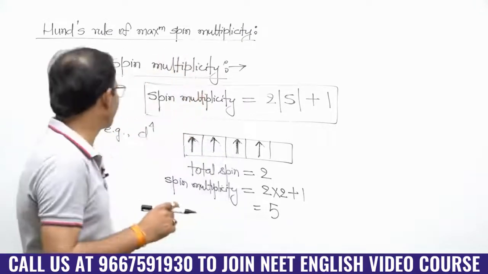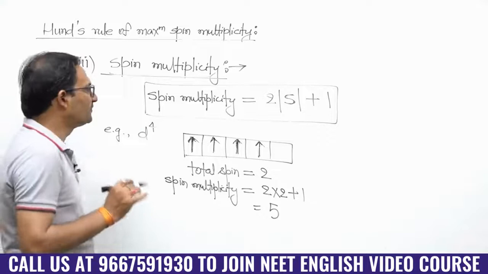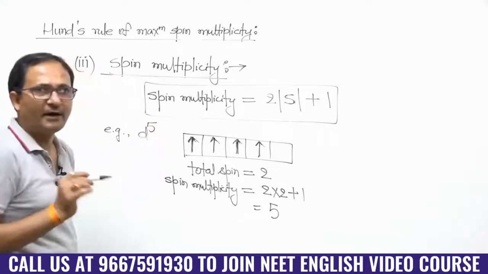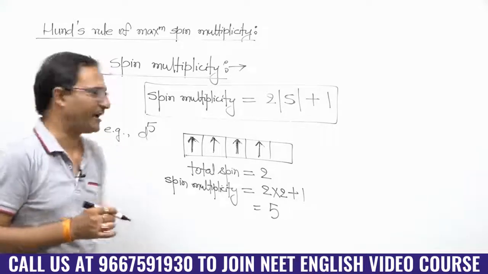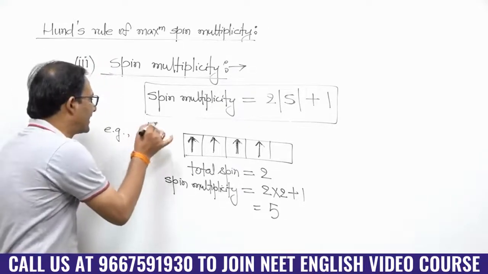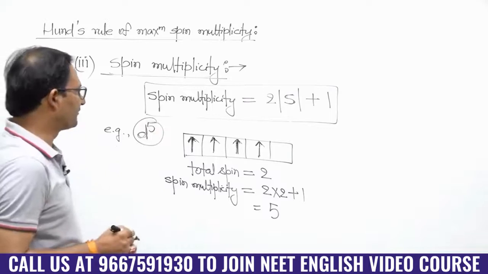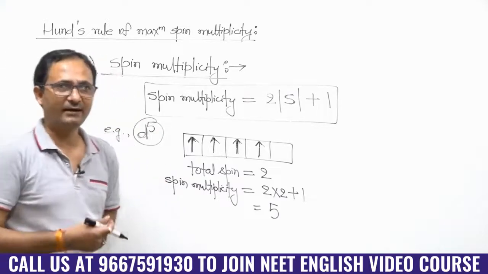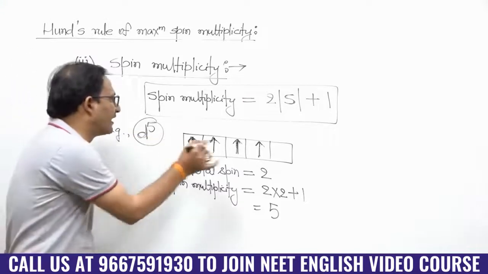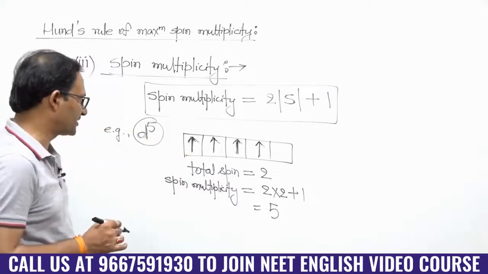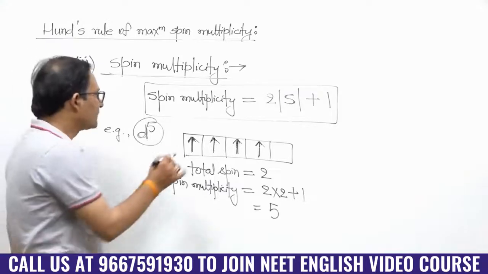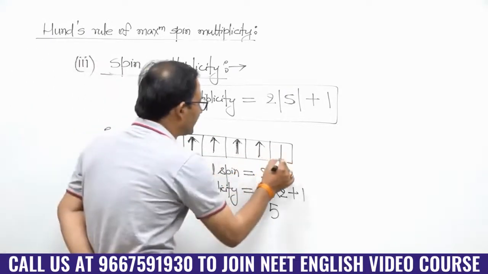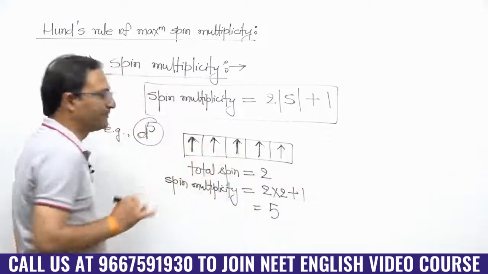For example, if I say I have to fill 5 electrons in d5, that is, I have taken the case of d5. Therefore, how many possibilities can be there to fill 5 electrons in 5d orbitals? One possibility is to fill all the 5 d orbitals with a single electron each with the same spin.